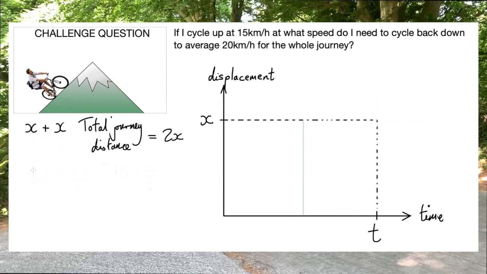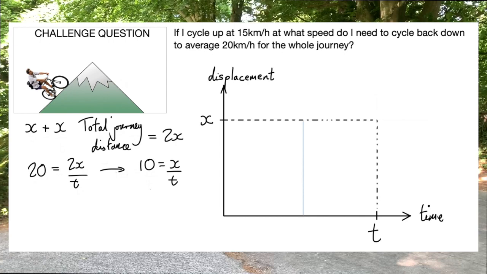We want the average speed to be 20, so if we write this using speed equals distance over time, we have 20 equals our distance, which is 2x, over t. Okay, and what we can do is simplify this. We can make this 10 equals x over t.